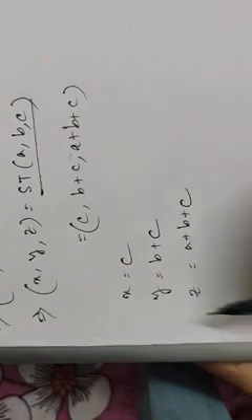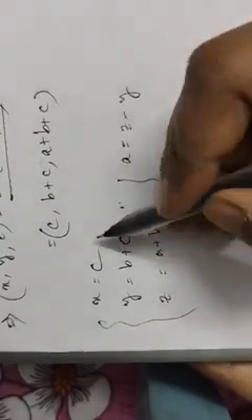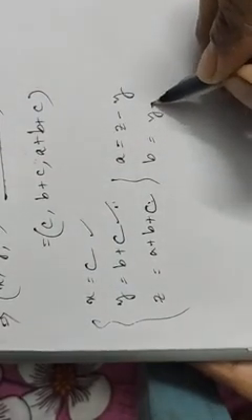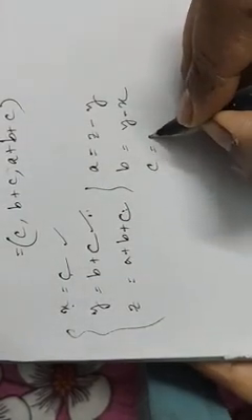Now find out from these three equations the values of a, b and c. If you subtract these two, you will get the value of a, which will be a equals z minus y. And if you subtract this one and this one, you will get the value of b, which will be y minus x. And c equals x, we already got it.